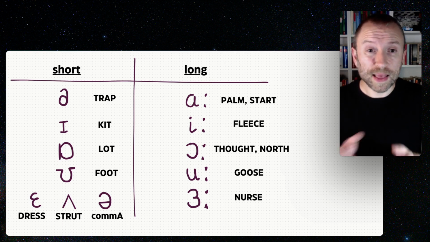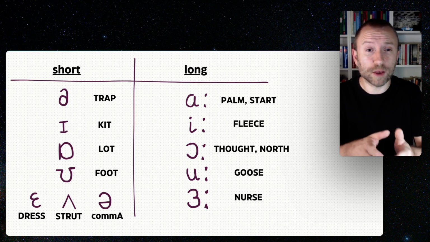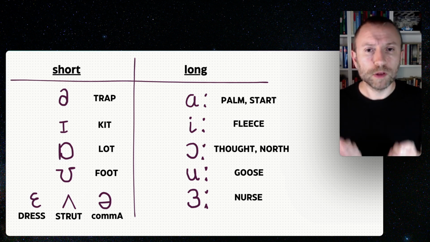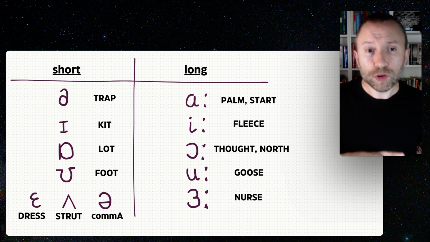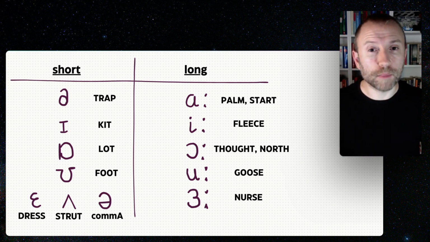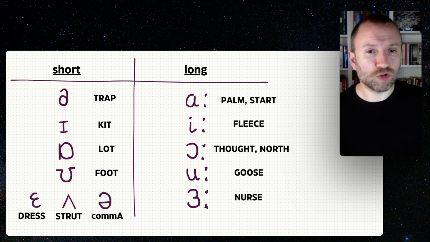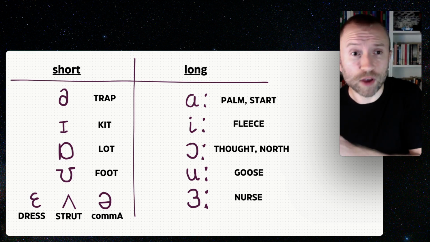Remember that depending on the accent, there could be a lot more difference between these sounds than there is when I say them. To solve this problem, we would ideally be using IPA characters, but you can also get the message across with key words, like the A in palm, or the E in dress. Just make sure that it really is the same sound as the one that you're trying to describe.